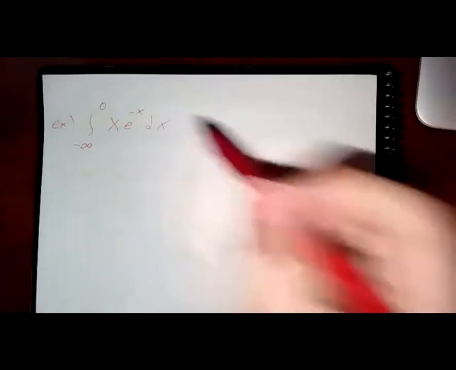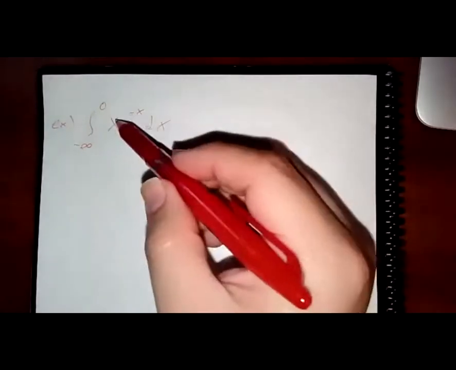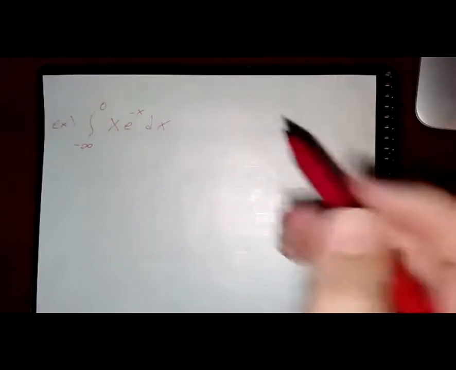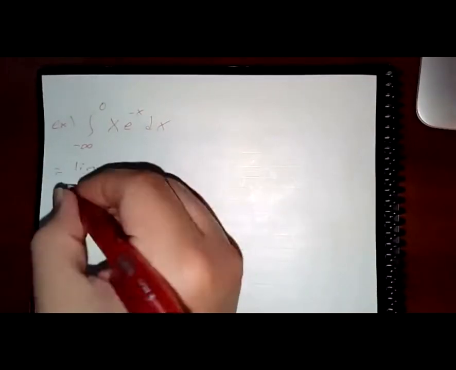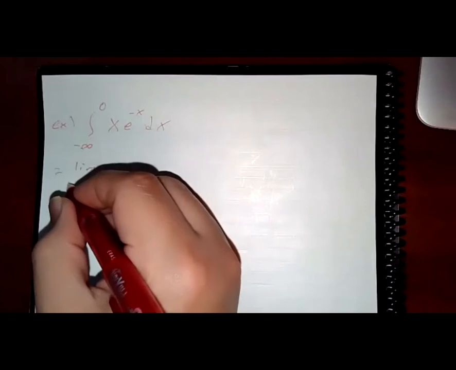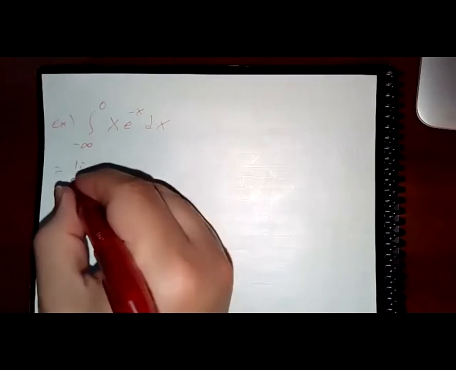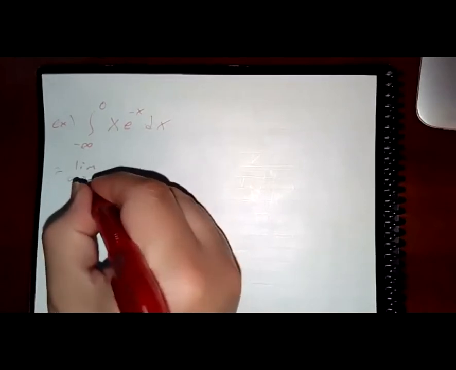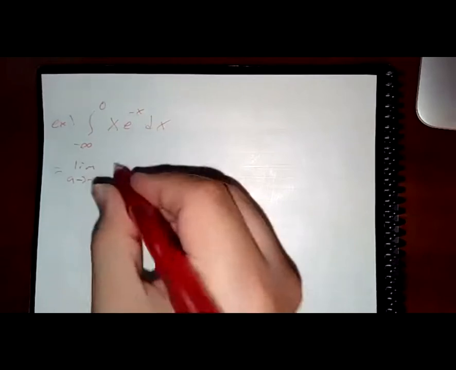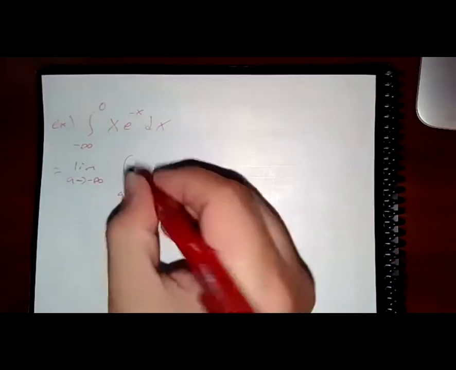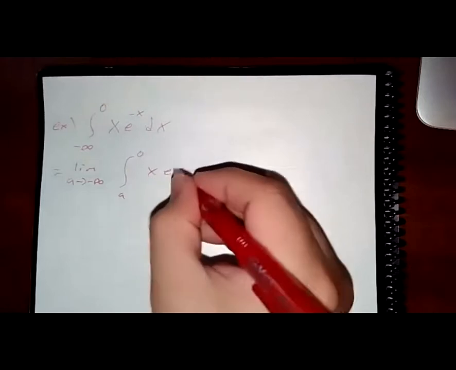We can tell that's going to be a product, so integration by parts. We need to rewrite this using the limit notation. So the limit, as a approaches negative infinity, of the integral from a to 0 of x e to the negative x dx.